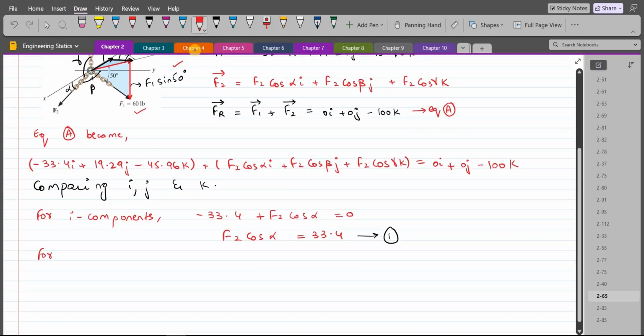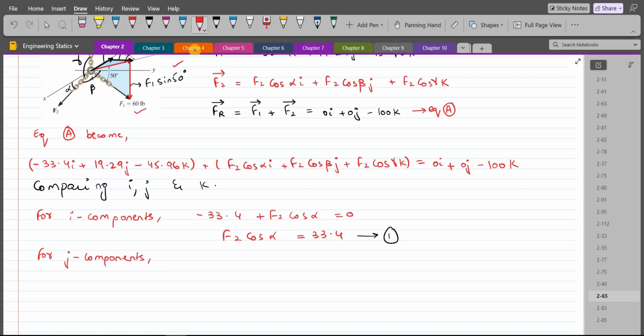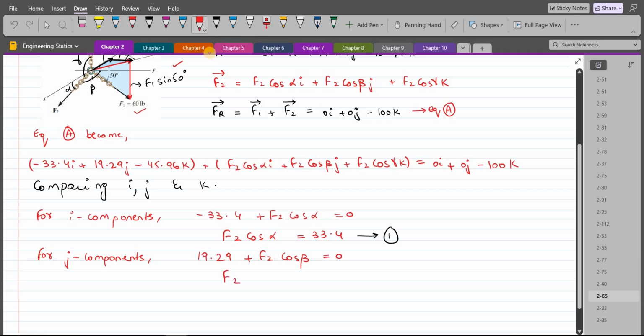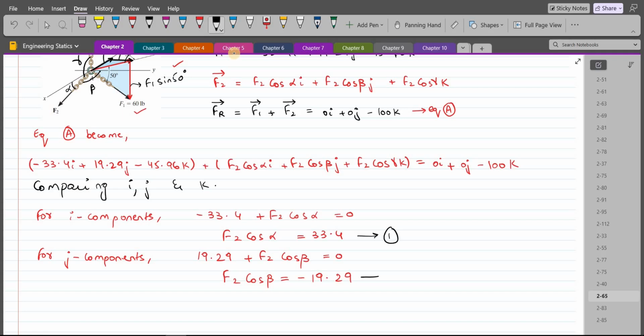For the j components, we have 19.29 plus F2 cos beta equals 0, so F2 cos beta equals negative 19.29. Let's call this equation 2.